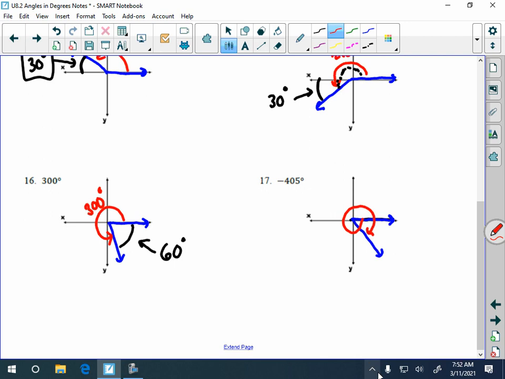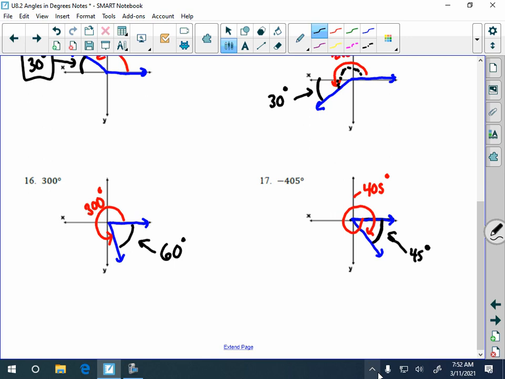All right, so we went 360 plus another 45 is negative 405. So our reference angle is going to occur right here. So you just have to figure out, well, how much more do we have to add from one revolution? Well, we had to add another 45 degrees.